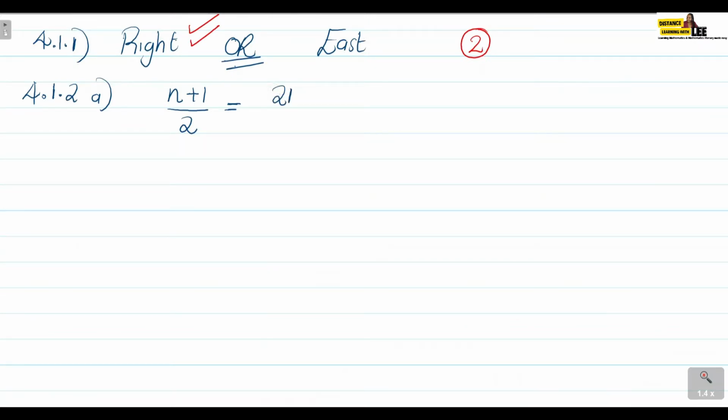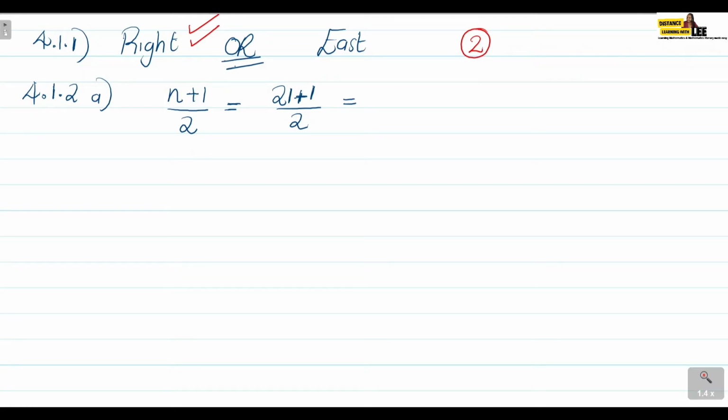So it's going to be 21 plus 1 divided by 2. Whatever number we get from this formula will give us the position of our middle seat. I'm going to repeat: this is a concept we learn in probability when we have to determine the median value, or in Q2 when dealing with box and whisker plots, or when we have arranged data in ascending order and want to determine the median of that data.